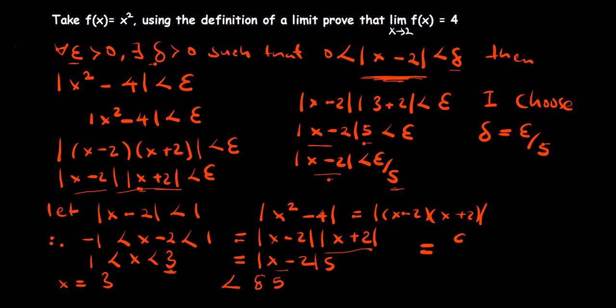So that will be epsilon over 5, times 5. The 5 and the 5 divide, and I will have epsilon remaining only. So I have used the definition of the limit to prove that the limit of that function is equal to 4.